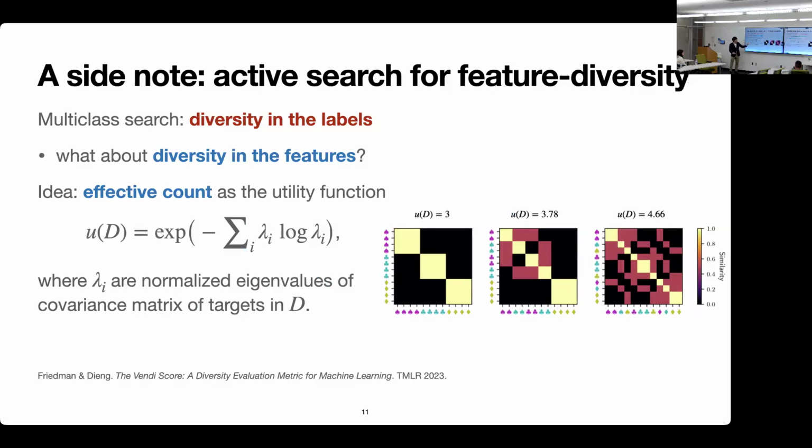Its form is something like this. It's the exponential of the Shannon entropy of these lambda values, where these lambdas are the normalized eigenvalues of the covariance matrix of the targets in your data set.